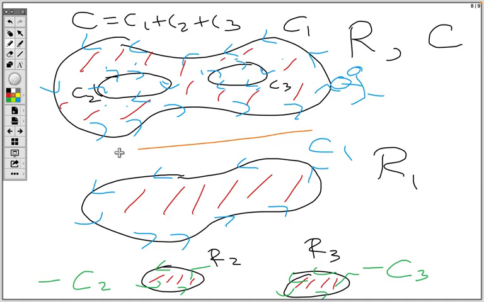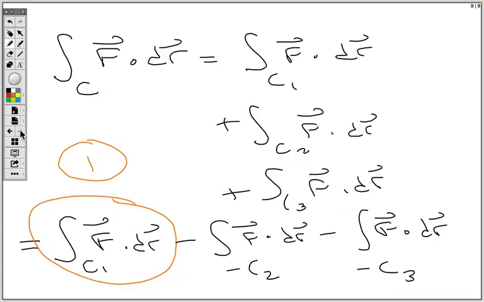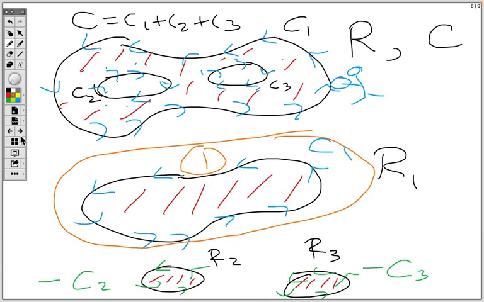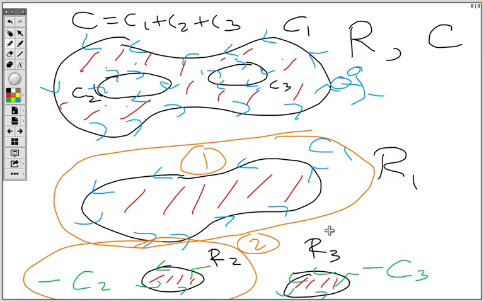Integral 1 is doing this thing here, and I can use Green's theorem on it. This is integral 2. Integral 2 would be finding the work this way, which I can use Green's theorem on. And then integral 3, once again, I can use Green's theorem on.